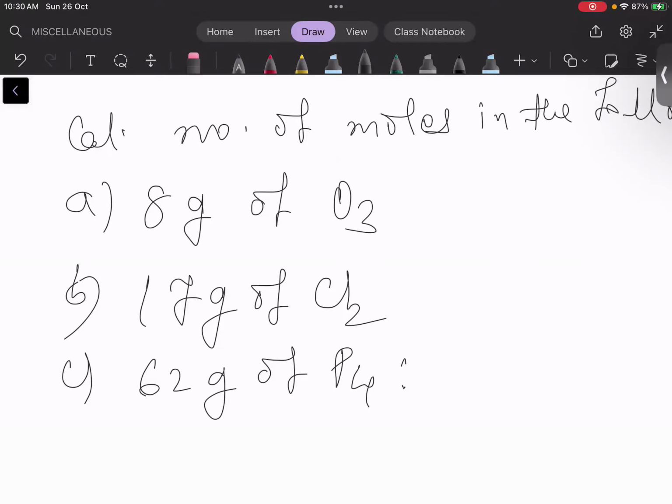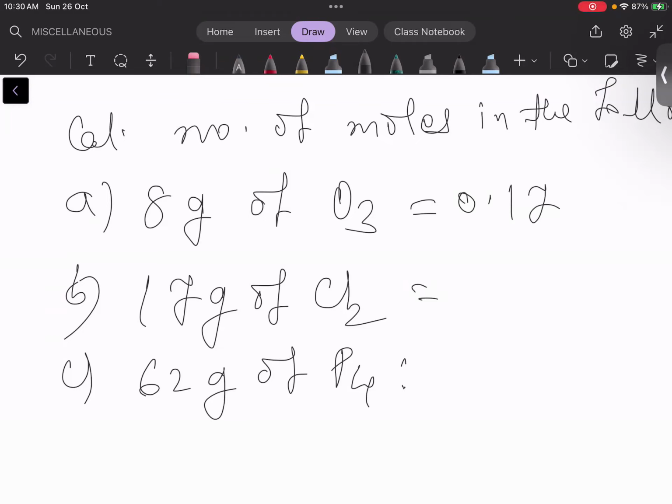The first one is 0.17 mole. How much? 0.125. No, sir, 0.17. Correct है. 0.1667. Nothing but 17. ठीक है. Second, 0.5.